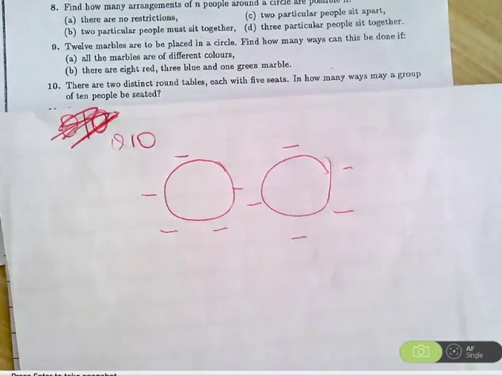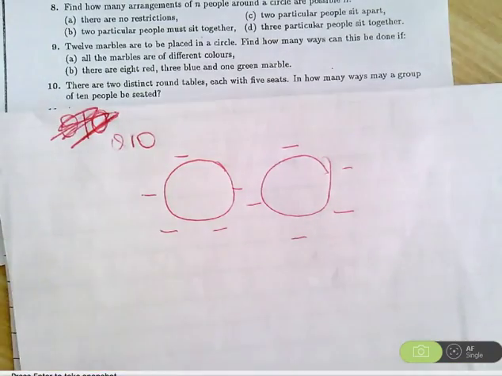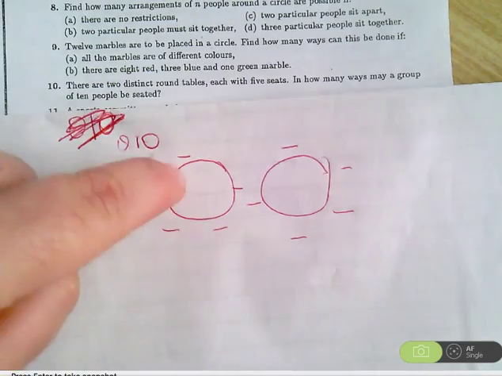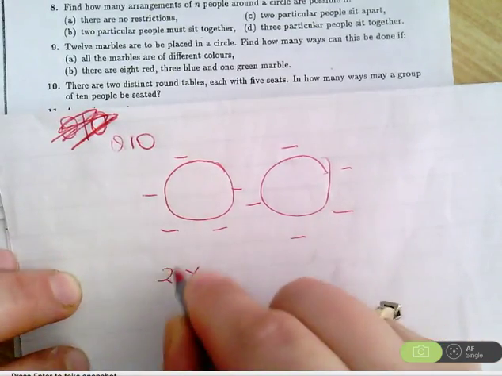Now, it's different, girls, if people sit on that table or that table. So, I'm going to order the tables first. I know that's going to kill you all, but let me look. Because that table's different to that table, and I've got 2 tables with 5 people each, I'm going to go 2 factorial.